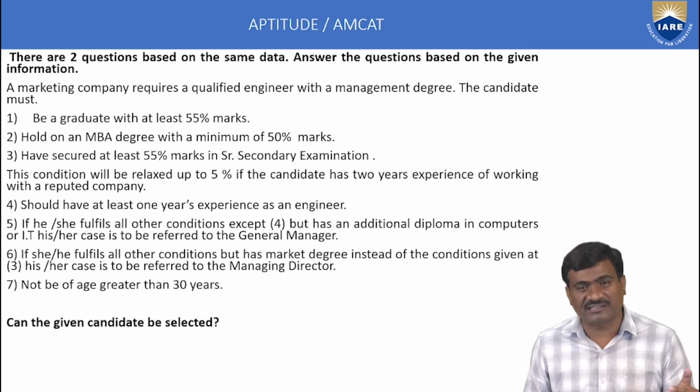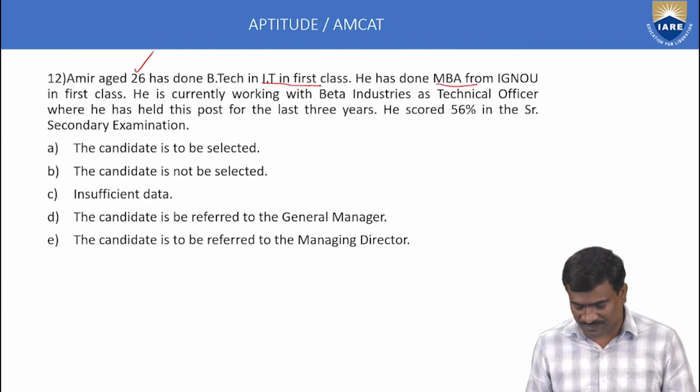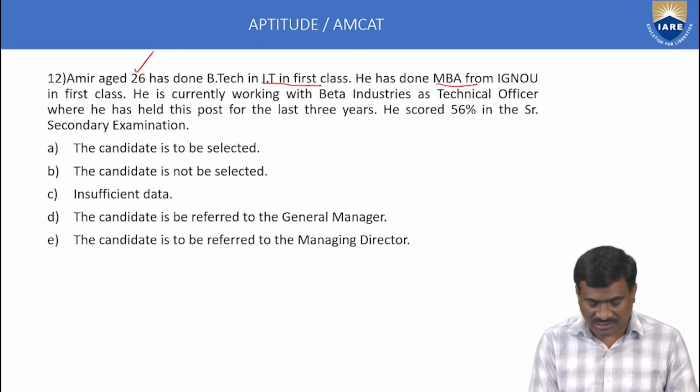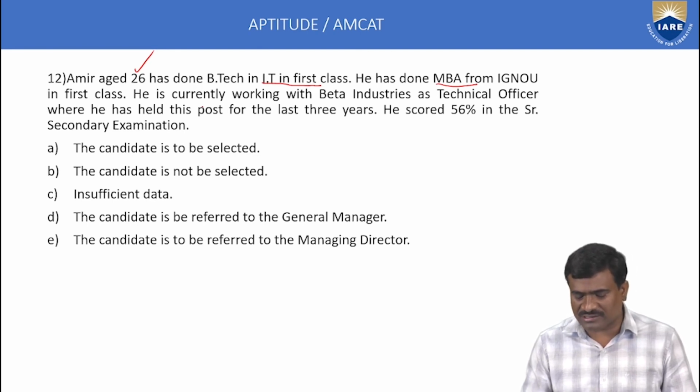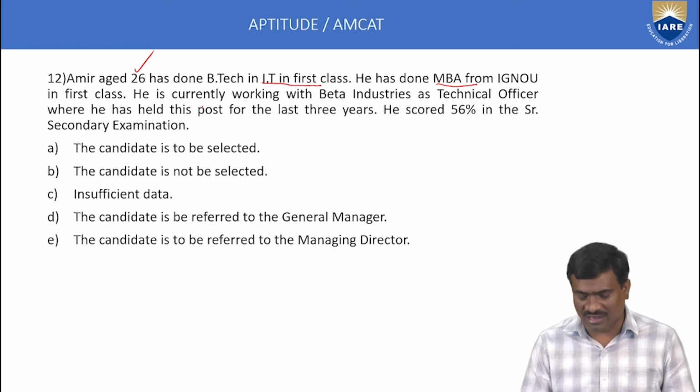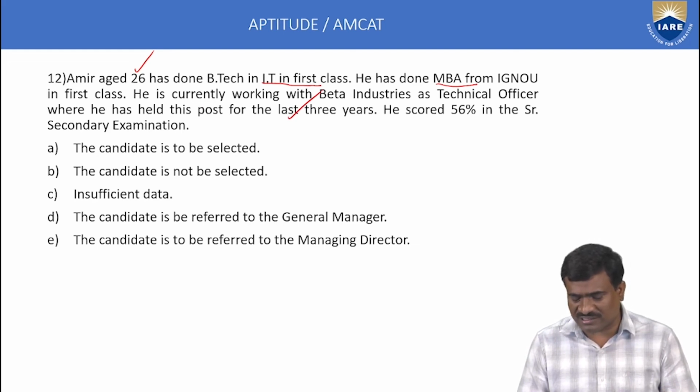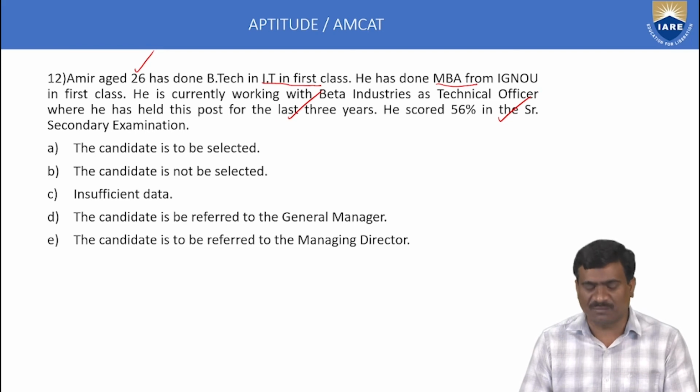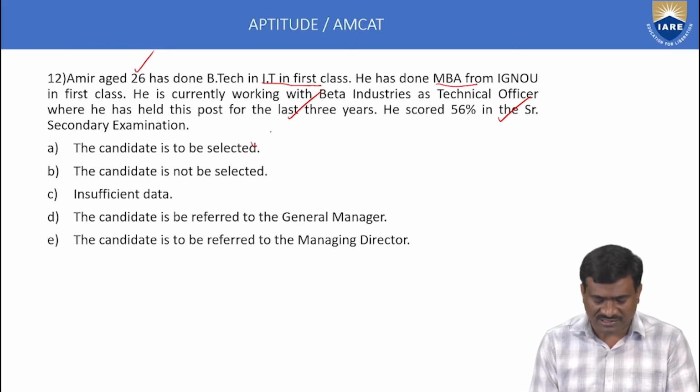Experience: 1 year as an engineer. He is currently working with Beta Industries as a technical officer, where he has held this post for the last 3 years. Again satisfied, we want 1 year only. Next, he scored 56 percentage in the senior secondary examination, also satisfied. All conditions satisfied means the candidate is to be selected.